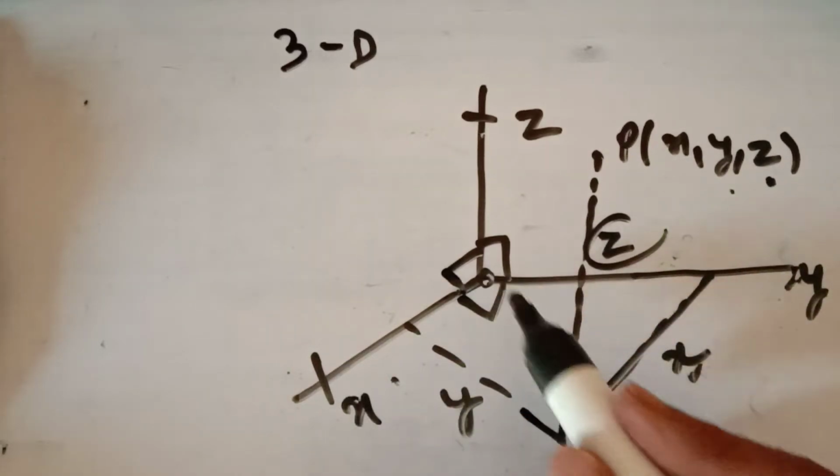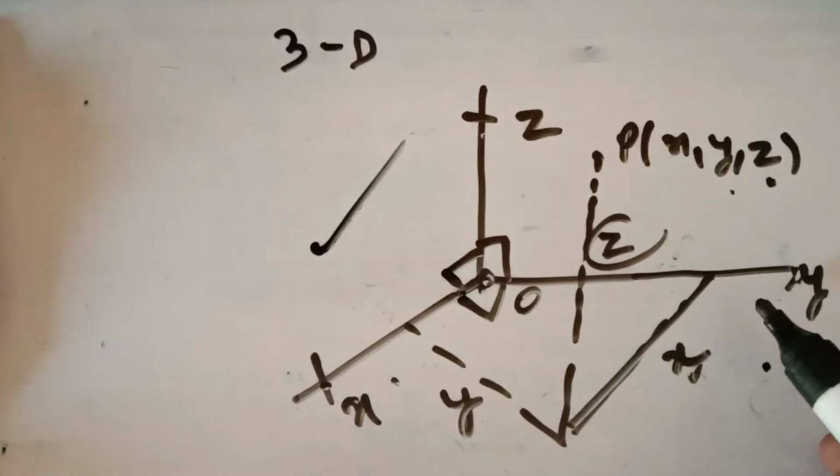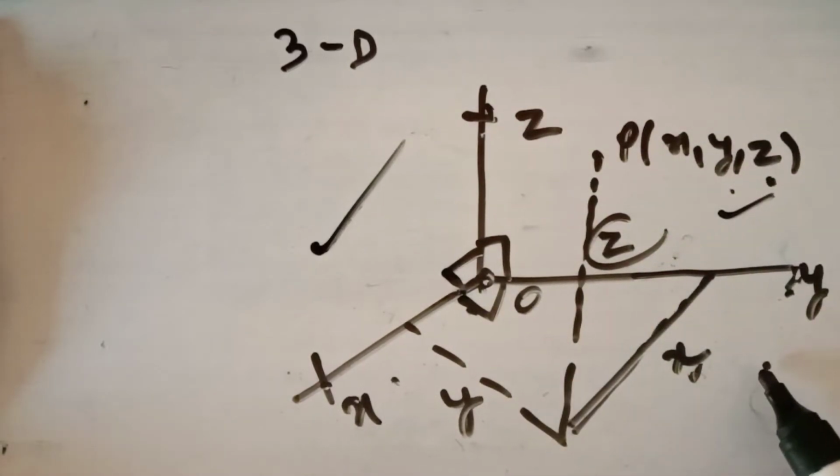Now this XOY is known as the xy plane, ZOX is known as the xz plane, and ZOY is known as the zy plane.